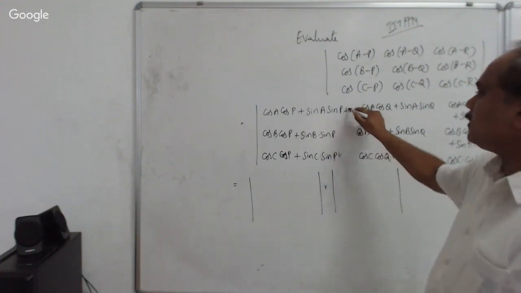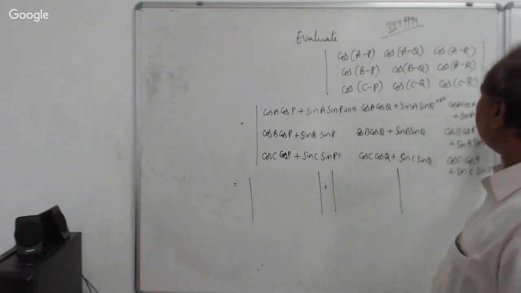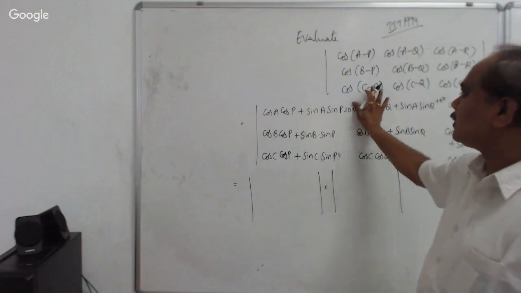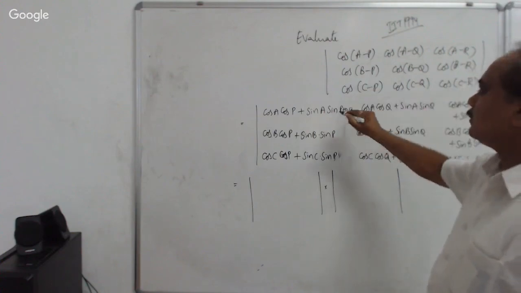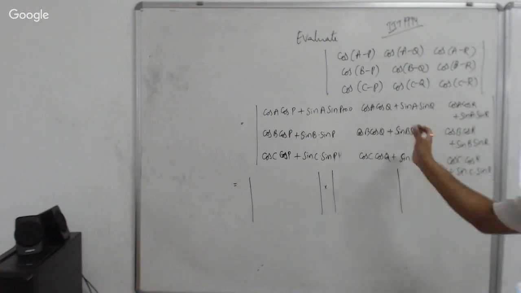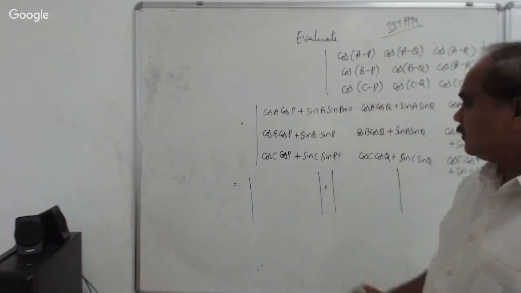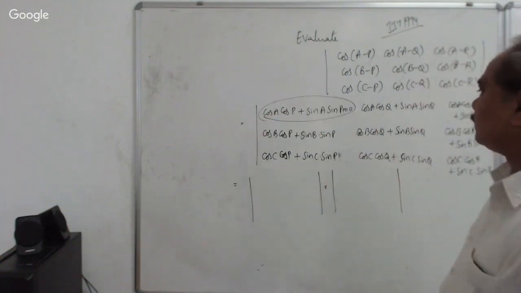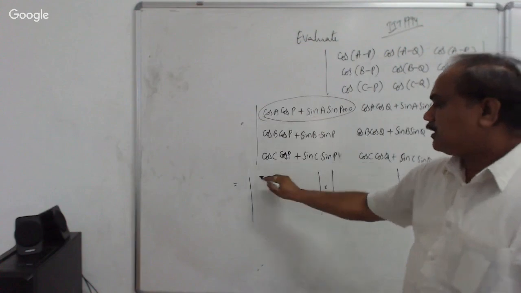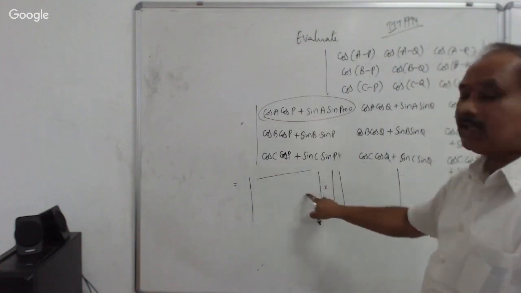You can write 0 into 0 also. For every element, write down plus 0 into 0. Now, just by observing the first element, that is the product of two determinants, no doubt.